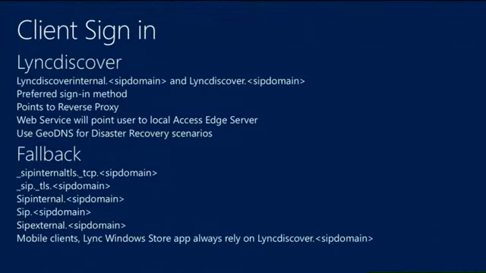It will still look for the SRV records. What you could also do is have Lync Discover pointed to your reverse proxy, but because you don't have GeoDNS, you also implement multiple SRV records so that if you lose your reverse proxy, the clients then still just go to one of your access edge servers in your environment.